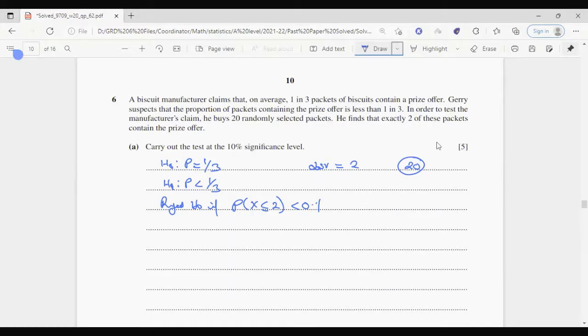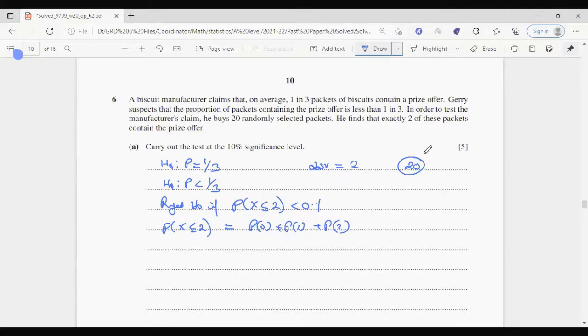If the probability of the observed value is less than the significance level, we can reject H0. So let's find the probability of X less than or equal to 2, which is equal to probability of 0 plus probability of 1 plus probability of 2.